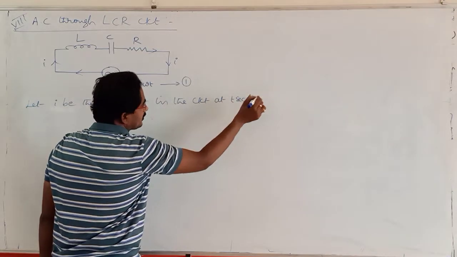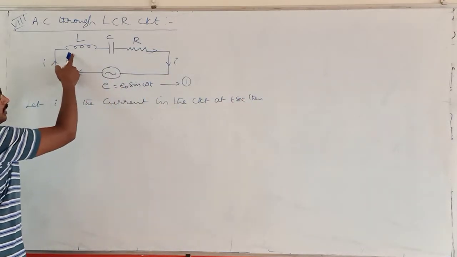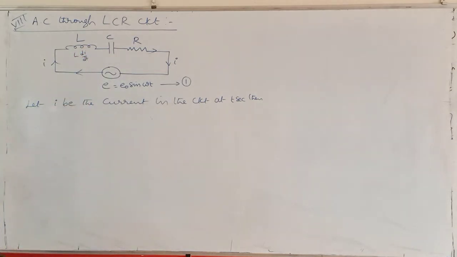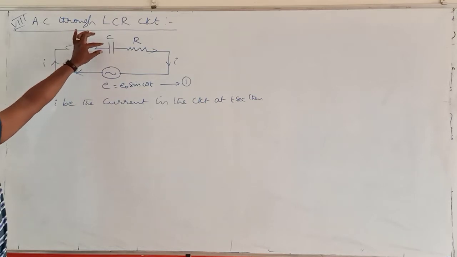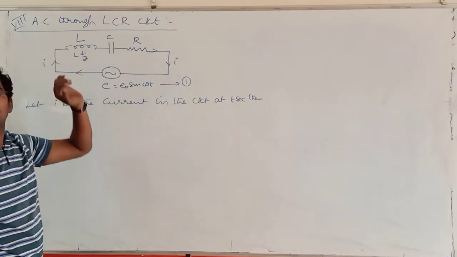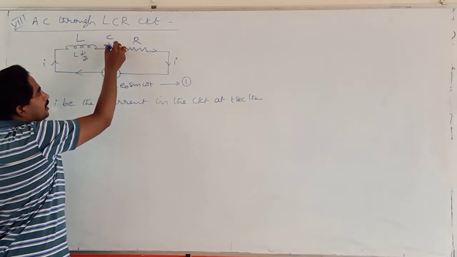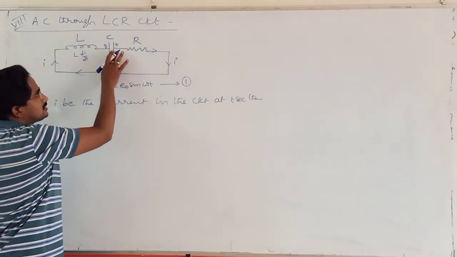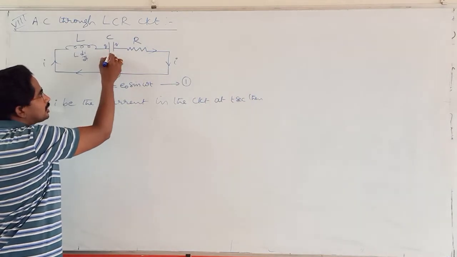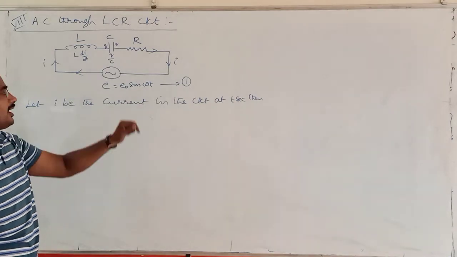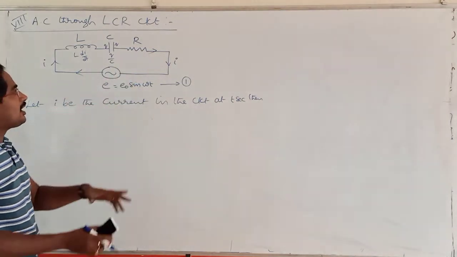Then the potential drop across the inductor is L into di by dt. The charge stored on the plates of the capacitor is plus Q, minus Q. Then the potential difference is Q by C. And the potential difference across the resistor is IR.